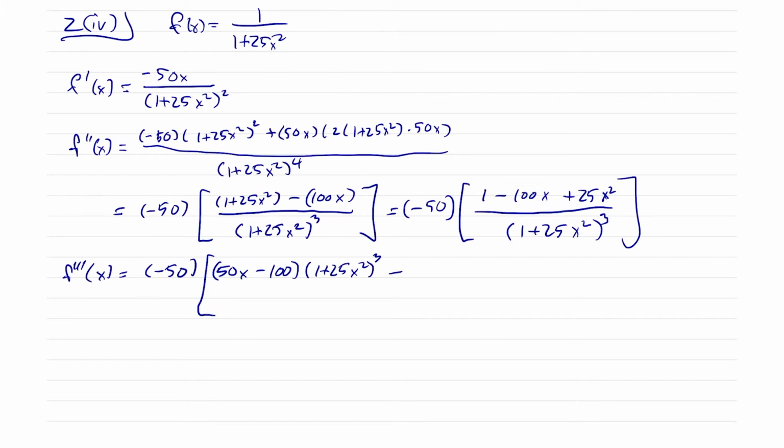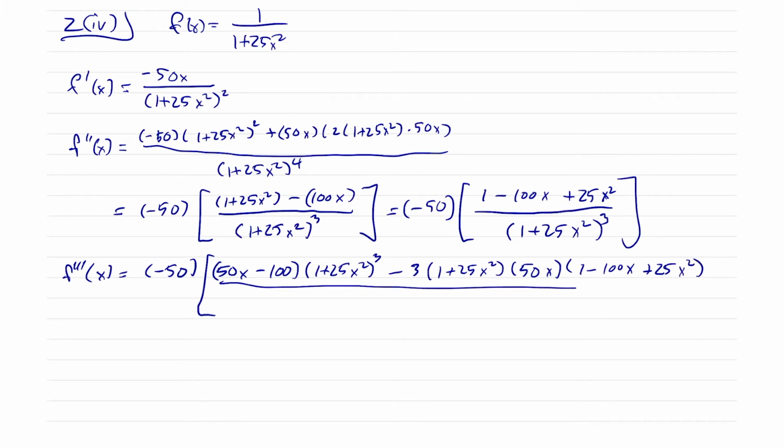Yep. Minus, say, 3 times 1 plus 25x squared times 50x times the top, 1 minus 100x plus 25x squared. All of this divided by 1 plus 25x squared to the 6th power. Okay, and that should have had a square here.